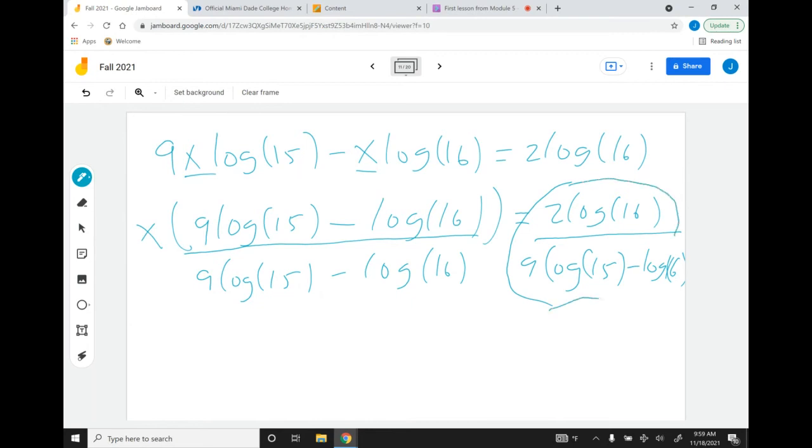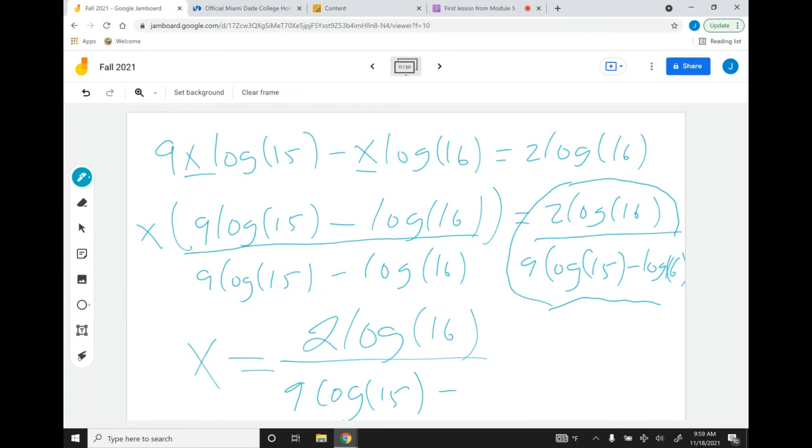This number here will be the exact answer. Let me write it nicely. X equals 2 log of 16 over 9 log of 15 minus log of 16. This is what the answer would be. This will be, again, what Alex will call providing the exact answer.